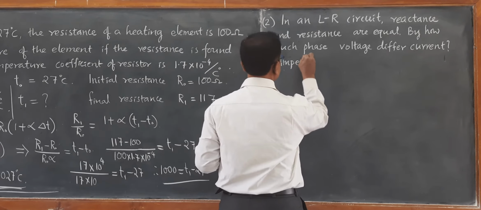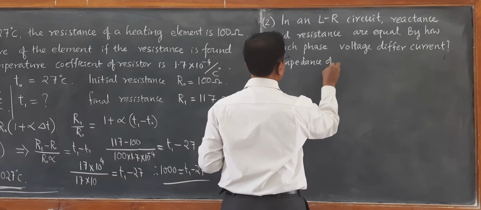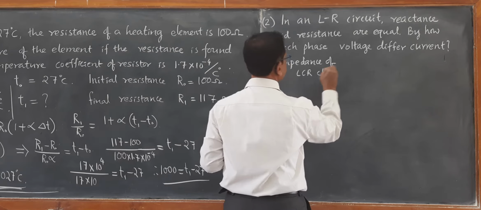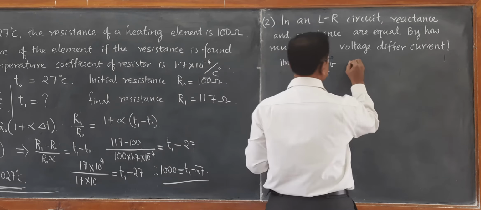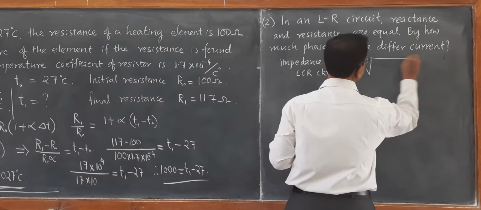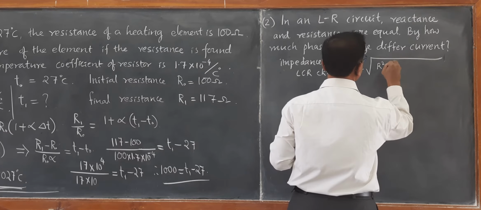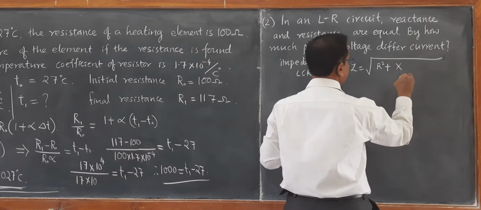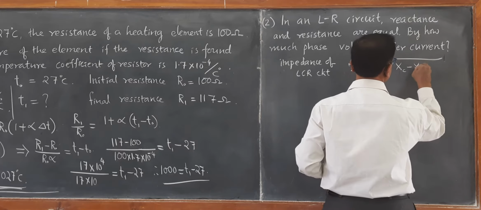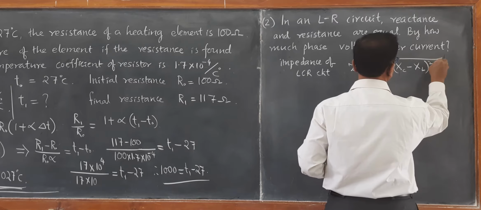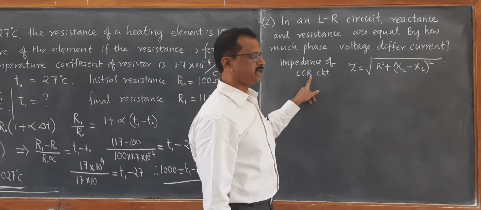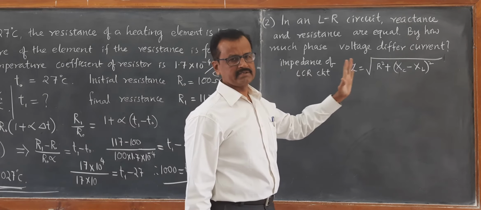Impedance of an LCR circuit is Z equal to square root of R square plus XC minus XL whole square, where you have inductor, capacitor as well as resistor connected in series.